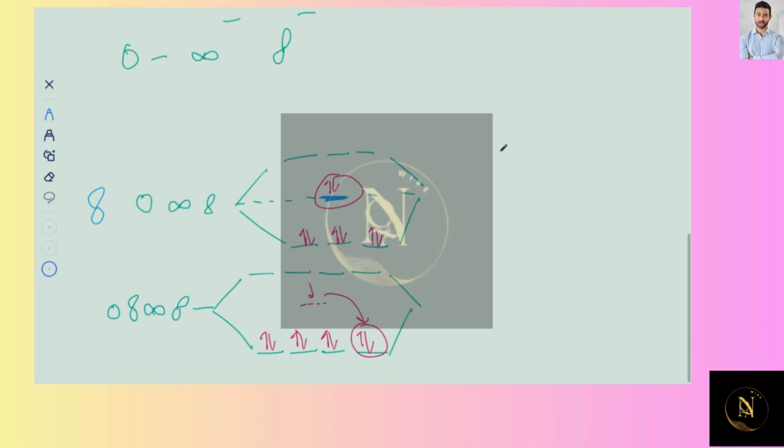So it's the difference between having a lone pair in an unhybridized p orbital and having a pair of electrons in one of these lower energy hybridized sp3 orbitals. sp3 is lower energy; the unhybridized p has a higher energy.